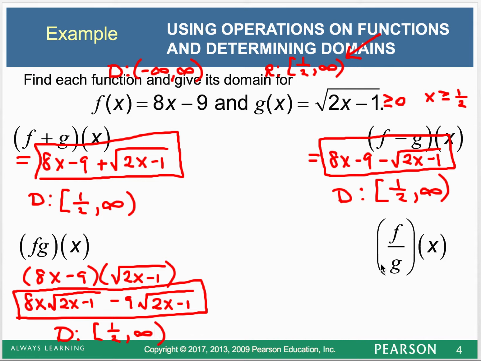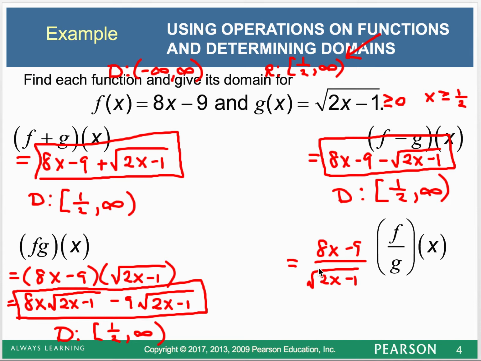Okay, same thing here. If I were to divide those, I'm going to move it here a little bit, then we would have the function f over this radical. And again, in reality, we should never ever leave a radical in the denominator.